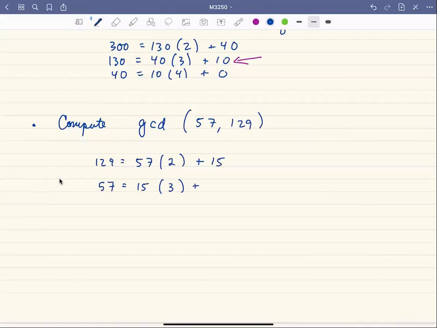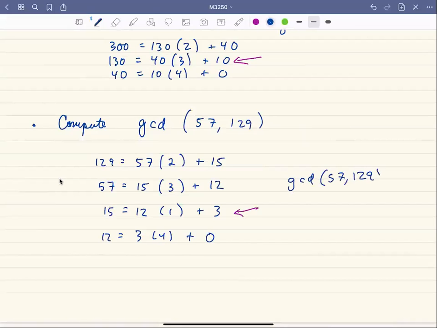So that's 45 with a remainder of 12. 12 goes into 15 once with a remainder of 3. And 3 goes into 12 4 times with a remainder of 0. So again, our last non-zero remainder is 3. So that implies that the GCD of 57 and 129 is 3.